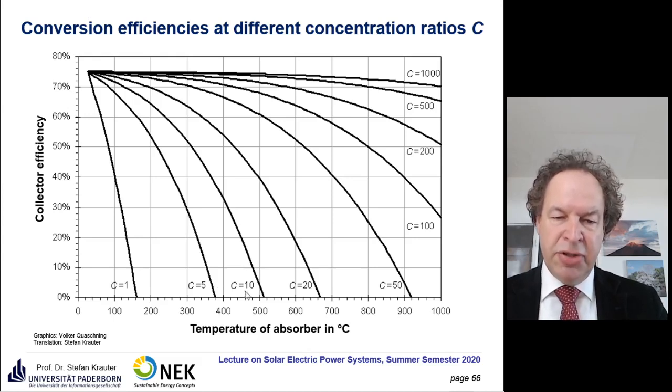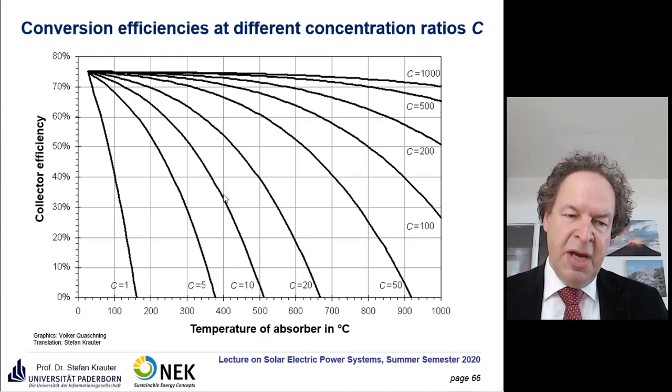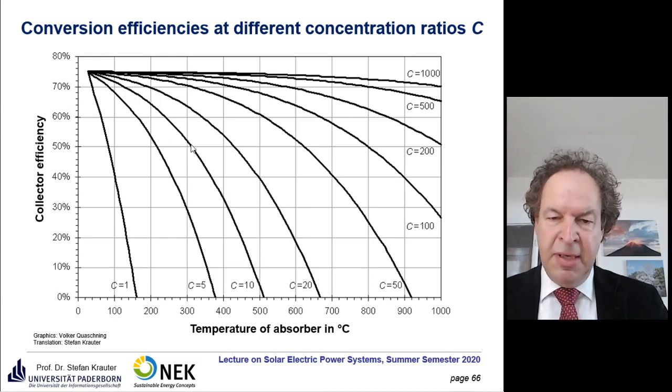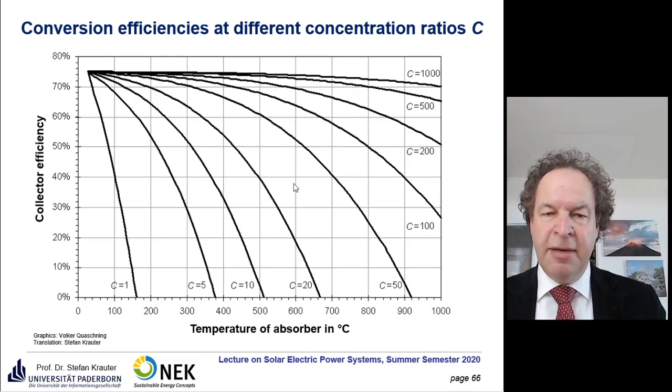If you go to a higher concentration ratio, for example 10 here, temperature is much higher, so it can be above 500 degrees. If you want an acceptable efficiency, you should count on 300 degrees or so, and so on. So you concentrate more and more, and you can have really high temperatures.